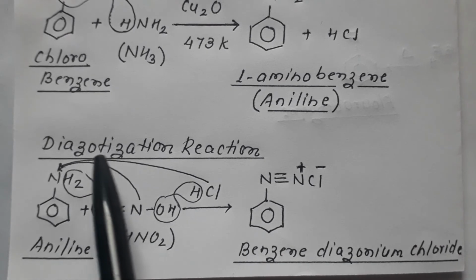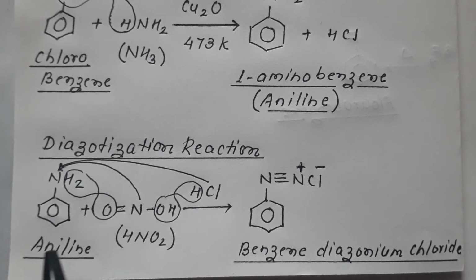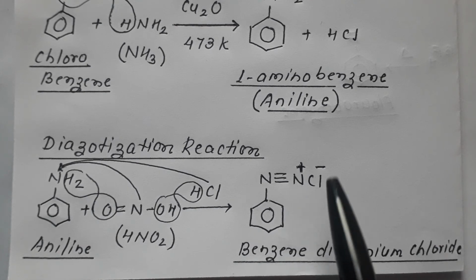This nitrogen gets attached to the nitrogen, and Cl comes. So it results in formation of a benzene ring with N triple bond N Cl. This is having a positive charge, and this is having a negative charge.